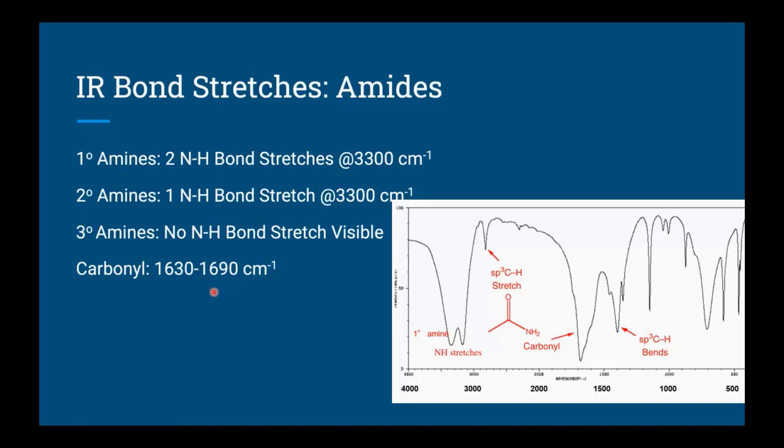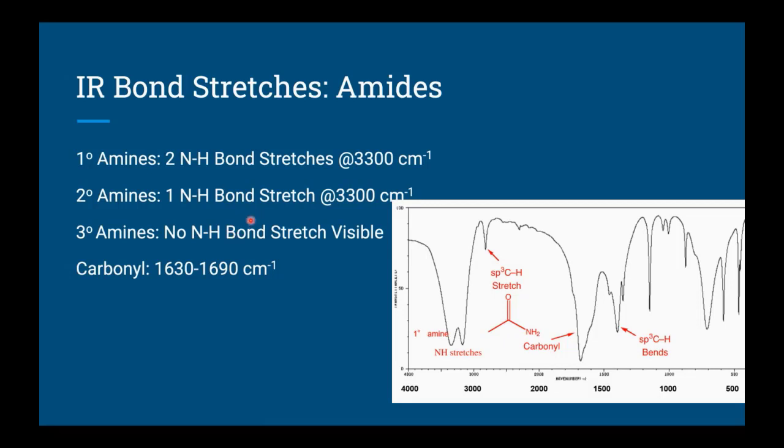Now, if we're going to talk about amines by itself, which is just the NH2, we'll see them at around 3300. And there's three types of variants. We have primary amines, secondary amines, and tertiary amines. So we'll see primary and secondary at around 3300, but how we can differentiate them is based off the number of spikes we can see in that region.